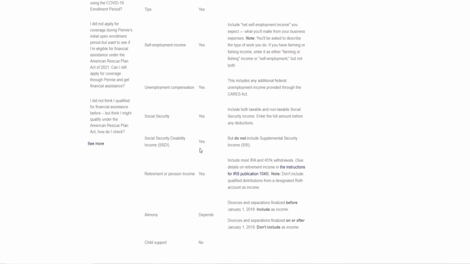Now, here's something that they also point out is Social Security disability income, but don't include, and it stresses this here, don't include SSI, which is supplemental security income, retirement or pension income, alimony, and they give a date range here.